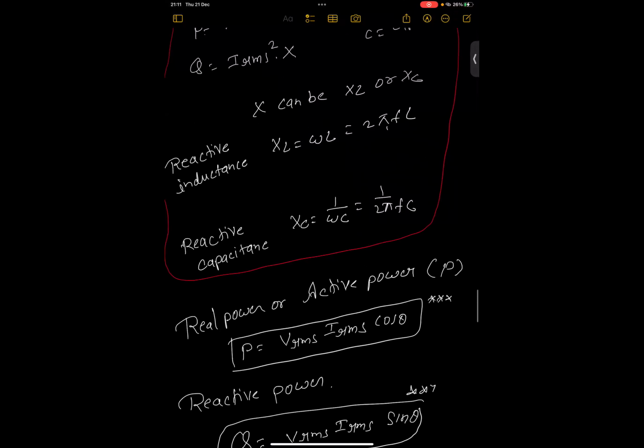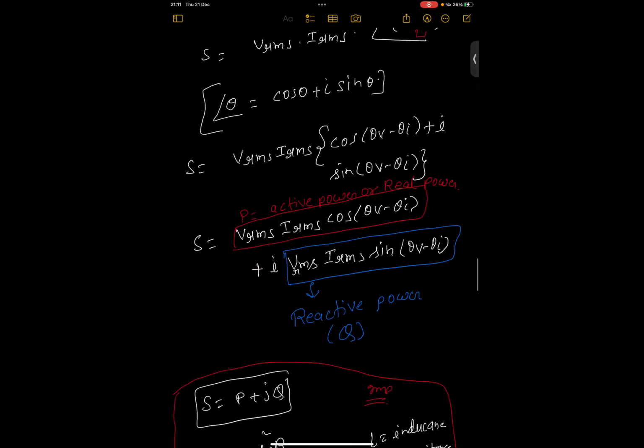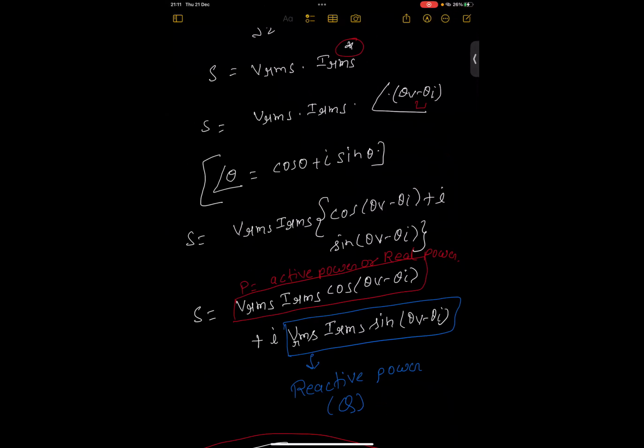This PDF is your own power: apparent power, active power, complex power, power factor, and that's all.